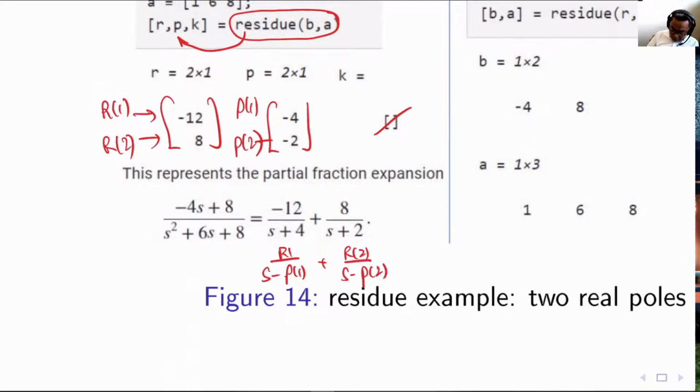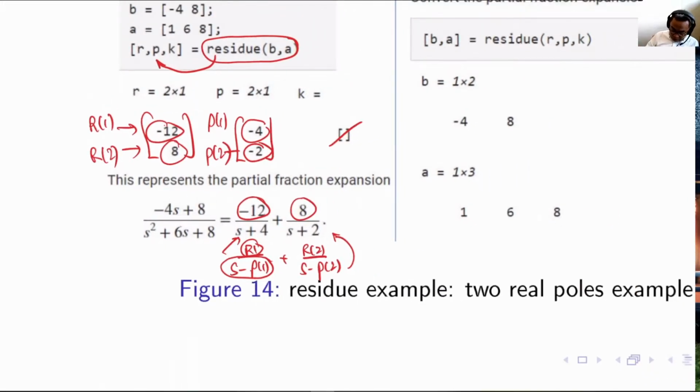You plug this in, and you can see that P1 is minus 4, so minus minus 4 becomes s plus 4. P2 is minus 2, so s minus P2 becomes s plus 2. R1 is minus 12, that's correct, and R2 is 8, that's correct.